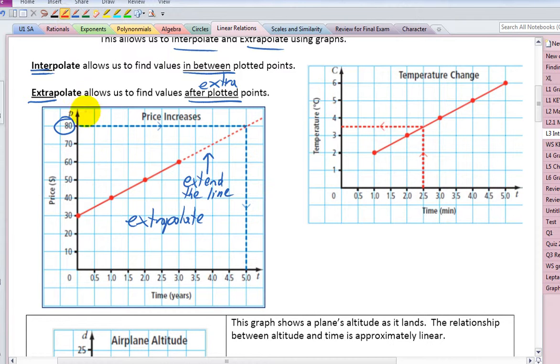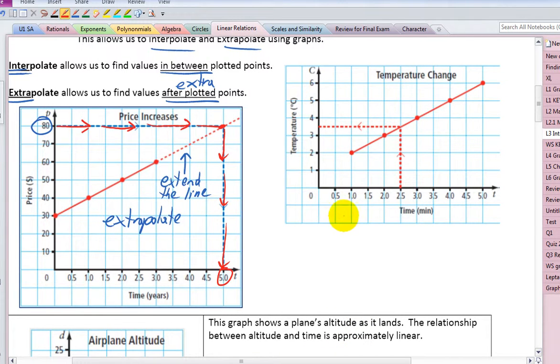So we take a ruler, draw a straight line all the way across until we hit this line, and then go all the way down in a straight line until we hit the other axis. And it would take how many years? 5. Okay, and that's extrapolating. So we can find a value using an extended line.